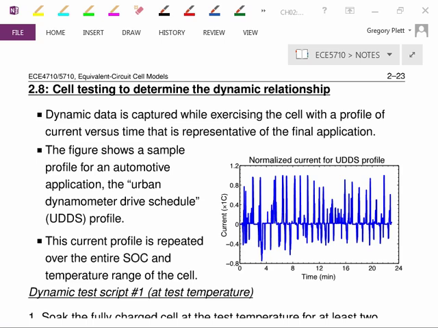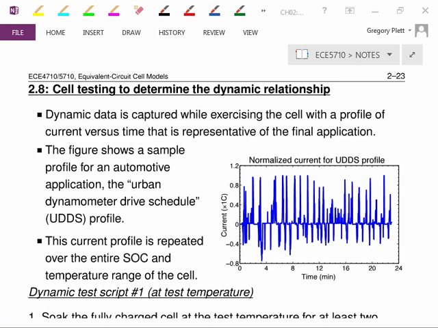And because our model form, this equivalent circuit model, is not able to exactly capture all of the dynamics of this cell, it's really an approximation. I would like this approximation to work best on the type of dynamic current profile I would expect in whatever application it is that I am designing for.